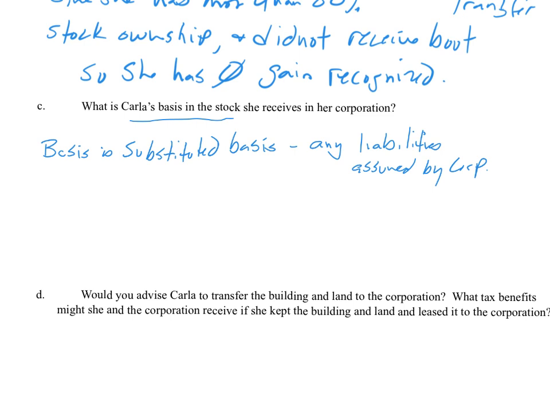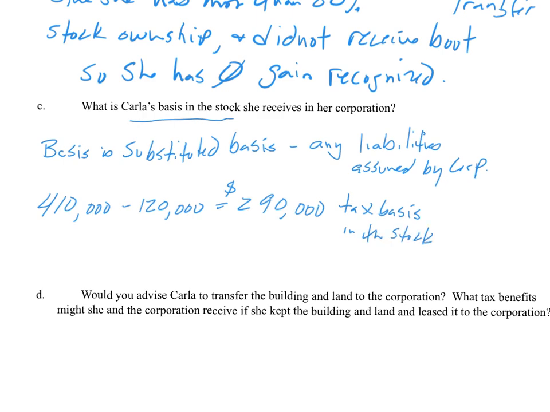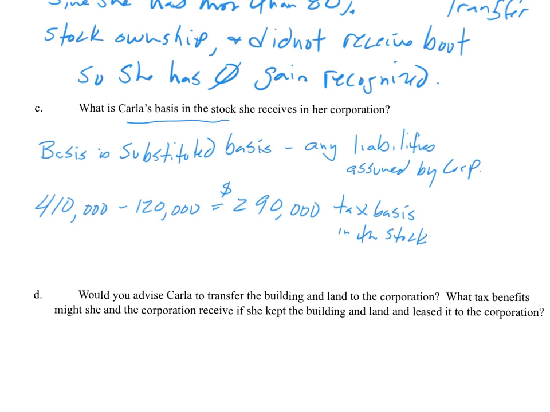Okay, so what was her basis in all of those assets she transferred? That was $410,000. Okay, what liabilities did they assume? Well, they assumed that $120,000 mortgage. So that means that she has a $290,000 tax basis in the stock. Okay.